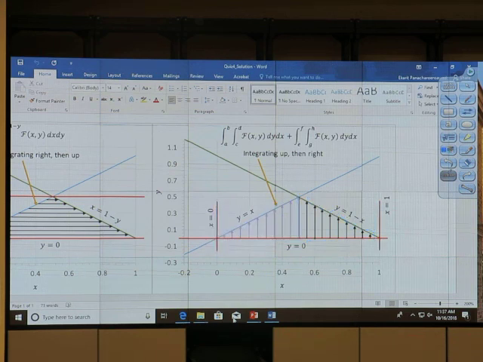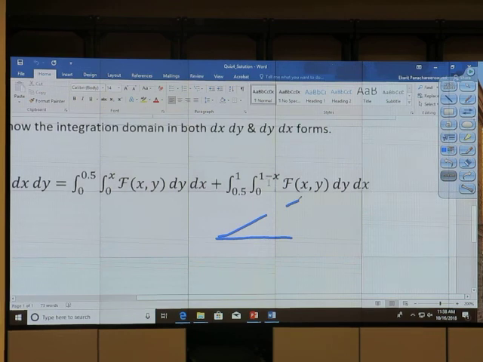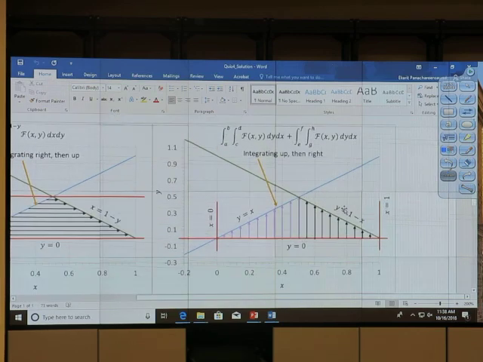So previously we do dx dy, now we will do dy dx. dy dx means, okay, bottom to top, y equal to 0, y equal to x. So that's why I simply put 0 and x. See that? And then left to right, that line to that line.